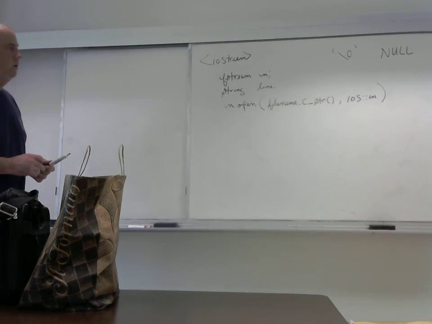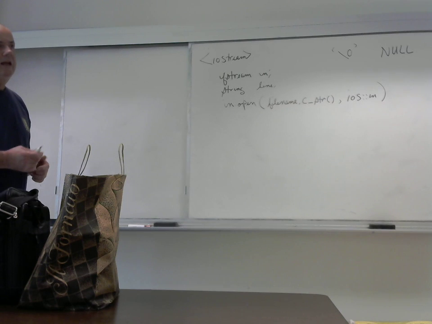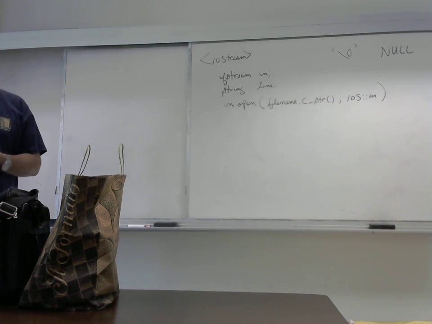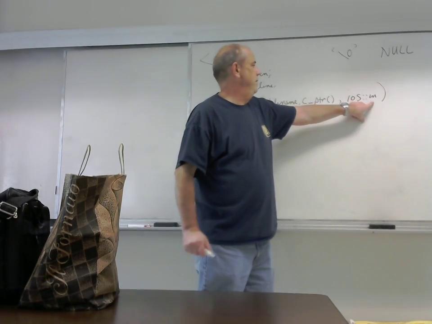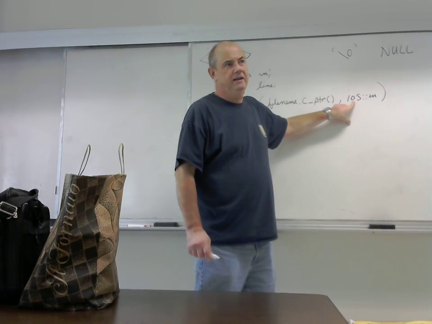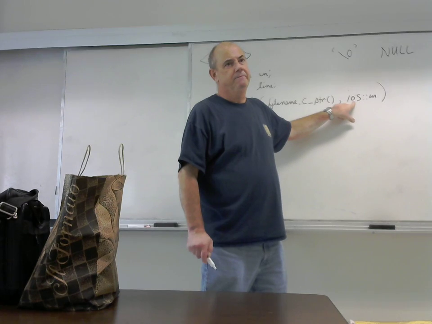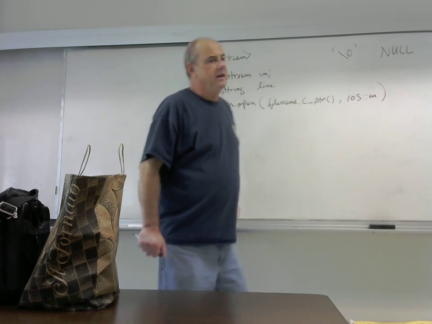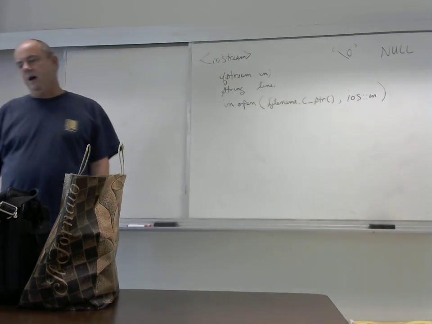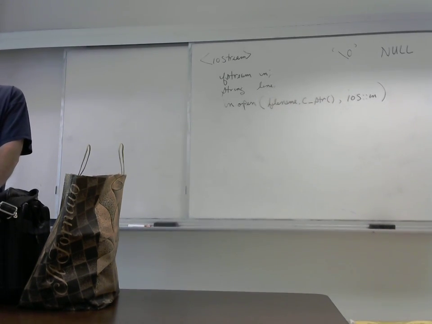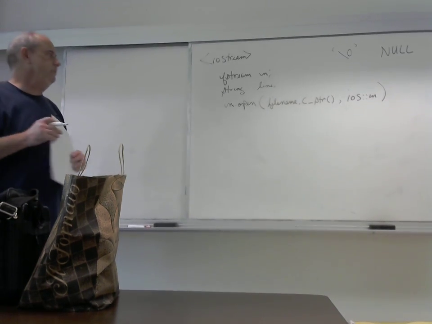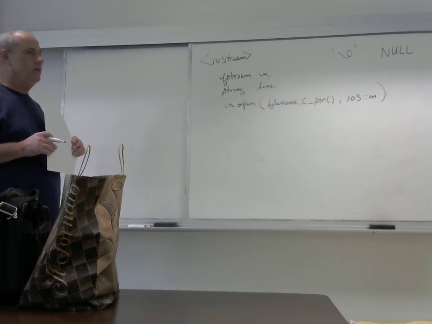The double colon is a single token. It is the scope resolution operator. It says the in member of the ios class or entity. So it's a scope resolution operator. When you write your classes, you will need to use them. So this simply says, open the file for reading.